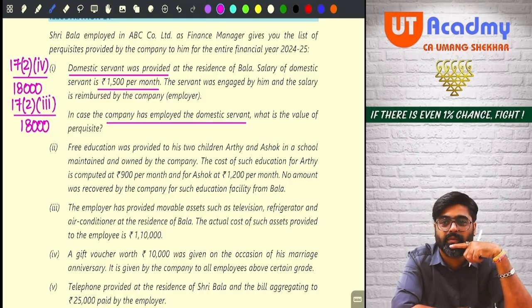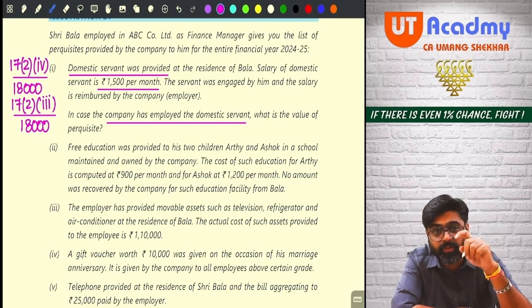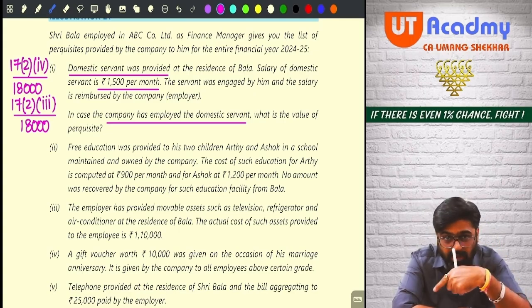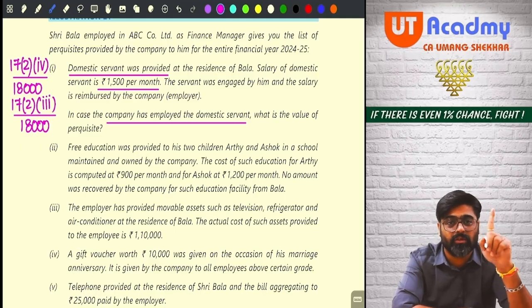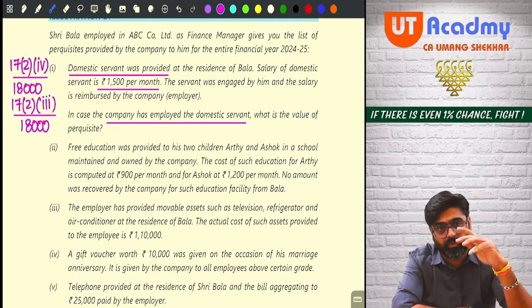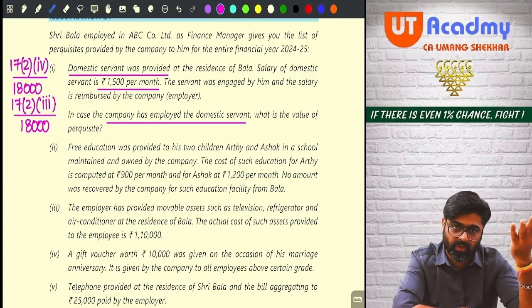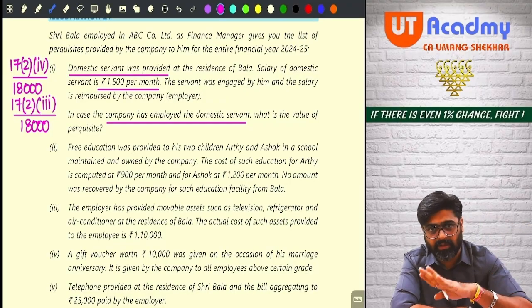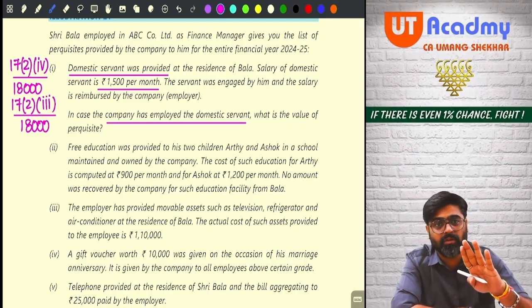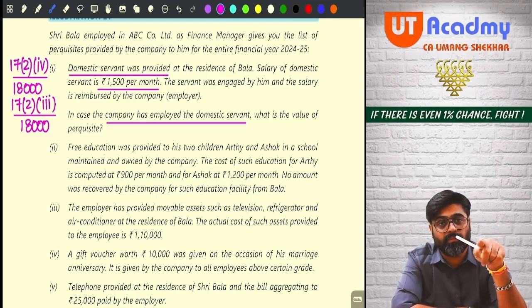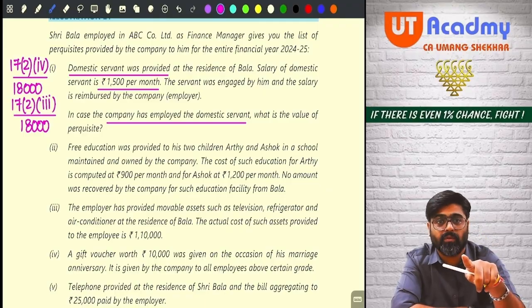But what if he was a non-specified employee? Then under clause 3, this 18,000 is not taxable for him. Whether you follow clause 3, then also this 18,000 is taxable, and whether you follow clause 4, then also this 18,000 is taxable. But the difference is, clause 4 will come if the servant was engaged by you.